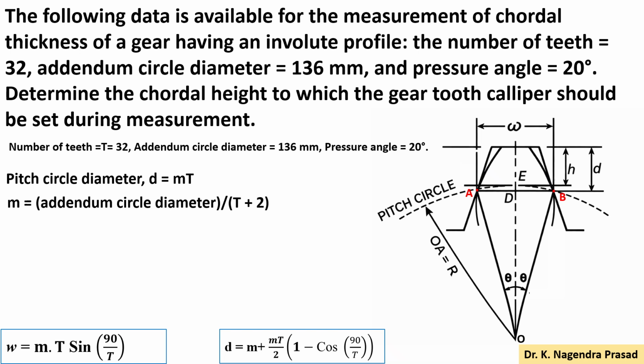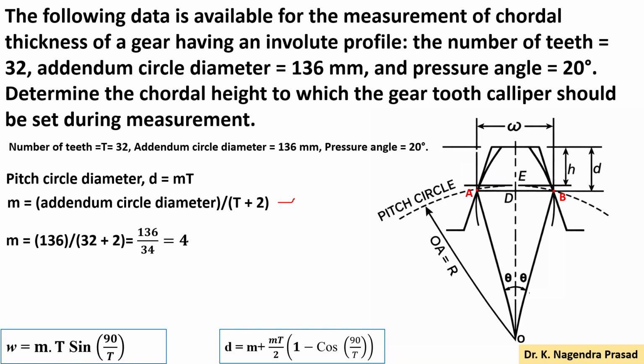Among these two, we use the second equation because the addendum circle diameter is given. Then small m becomes 136 divided by 32 plus 2, that is 136 divided by 34, which equals 4. So module equals 4.